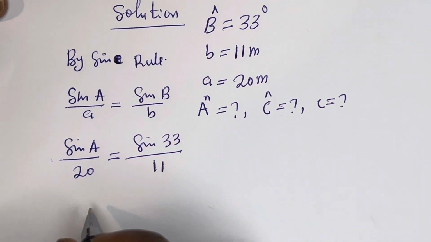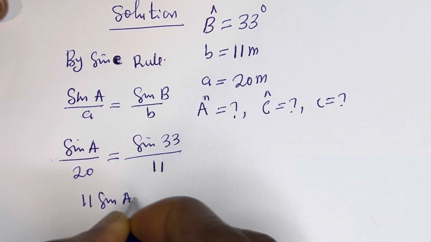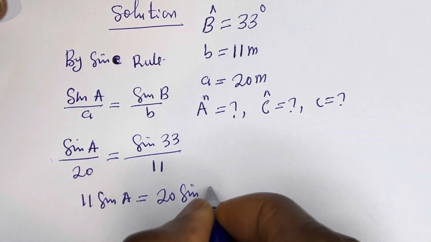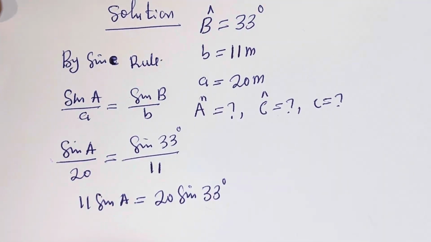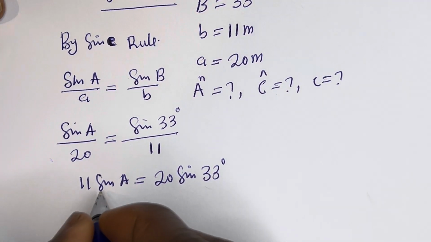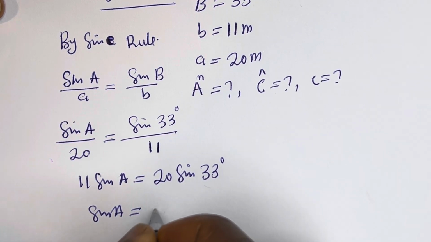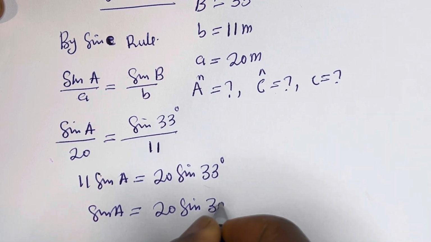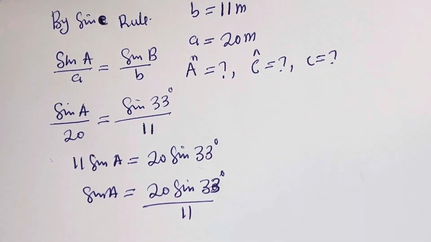Then here we have 11 sine A is equal to 20 sine 33 degrees. Then we have sine A is equal to 20 sine 33 degrees divided by 11.